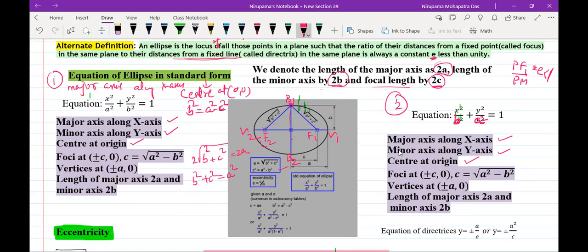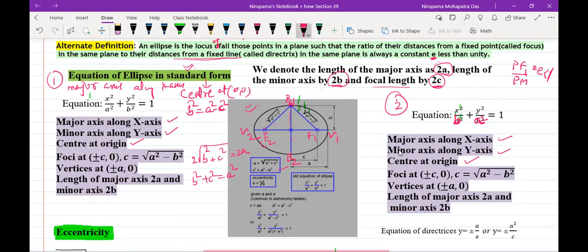In standard form, we take the center of the ellipse at the origin, and the major and minor axes along the coordinate axes. In the first case, we are taking the major axis along the x-axis, center at (0, 0). Just look at this figure.